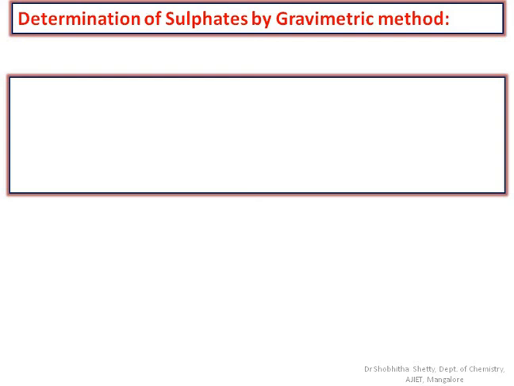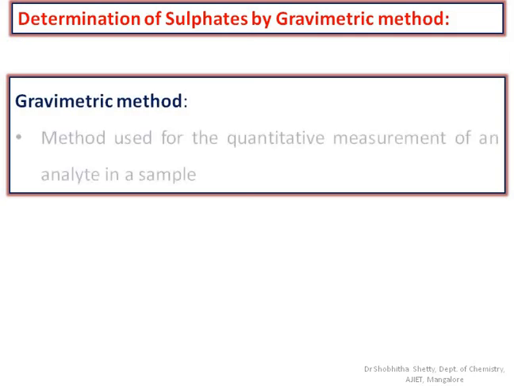Here sulfate ions are quantitatively precipitated as barium sulfate. The reagent that we use for the precipitation is barium chloride, and finally the formed barium sulfate is filtered, dried and weighed exactly, and the amount of sulfate can be calculated easily. So the gravimetric method is a quantitative method for determining an analyte in a sample. In this case the analyte is the sulfate ion.